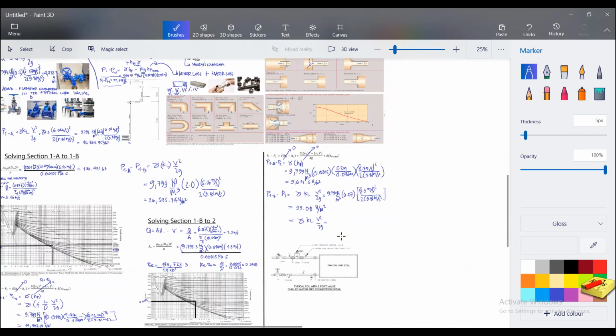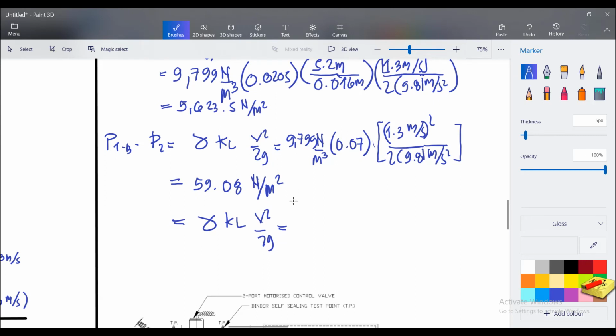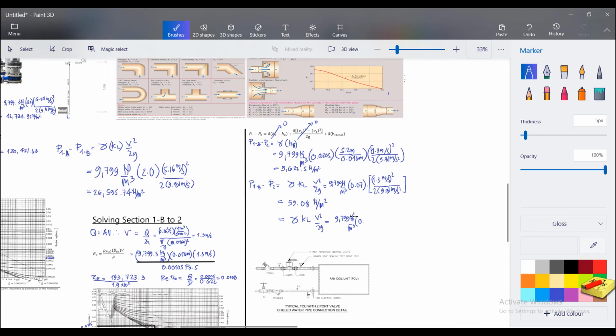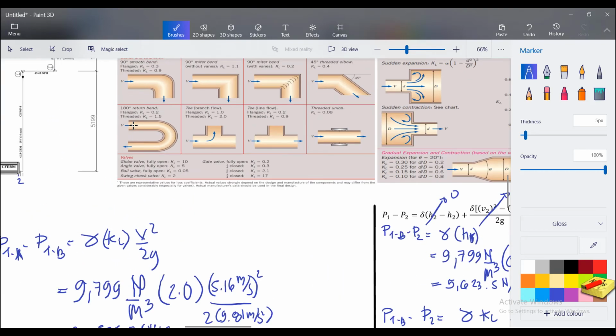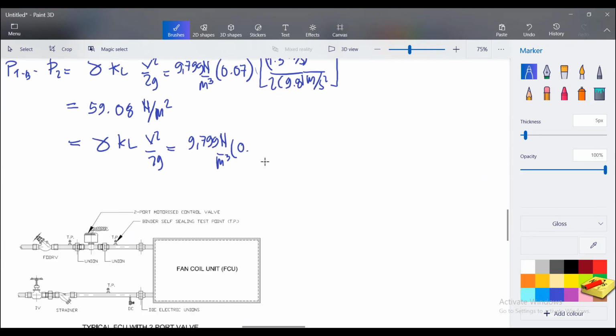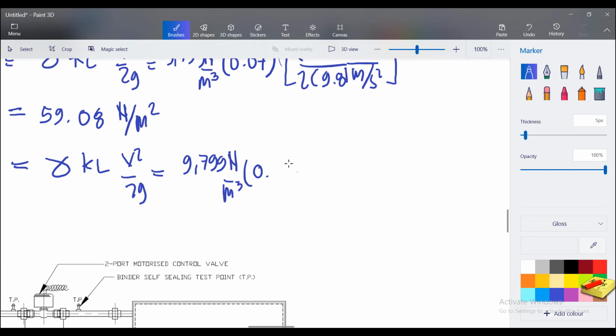Okay. So we have 9,799 Newton per cubic meter, times 0.9. Okay, 0.9, tama. 0.9.